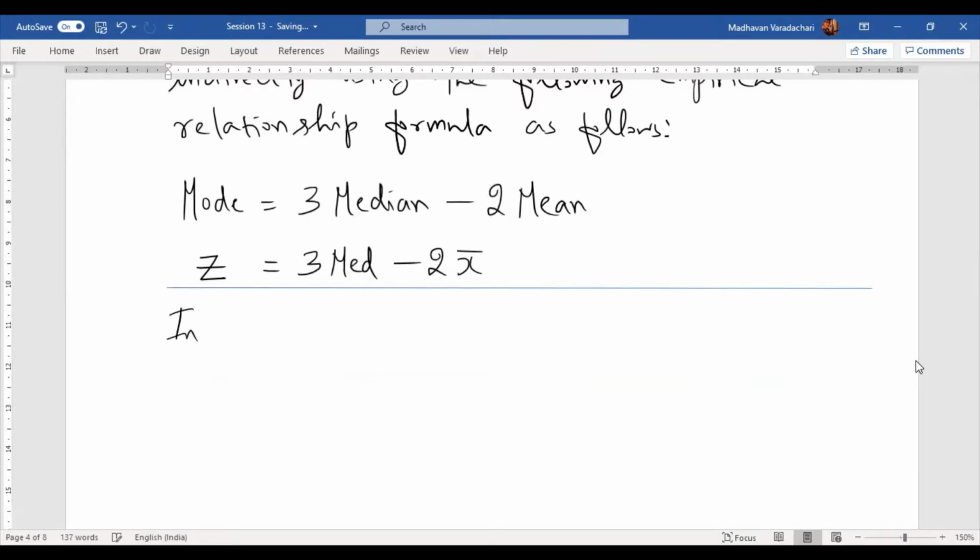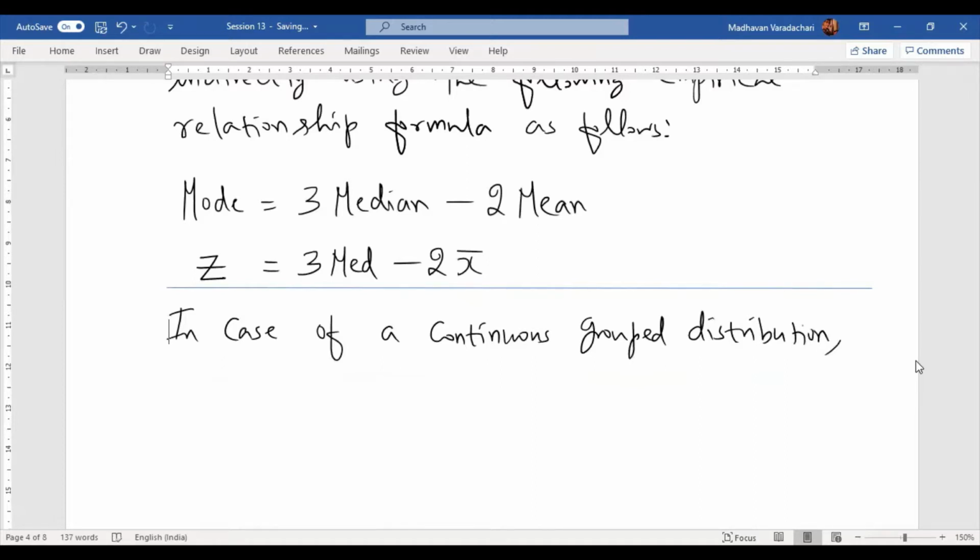In case of a continuous grouped frequency distribution, median and mode are calculated as follows.